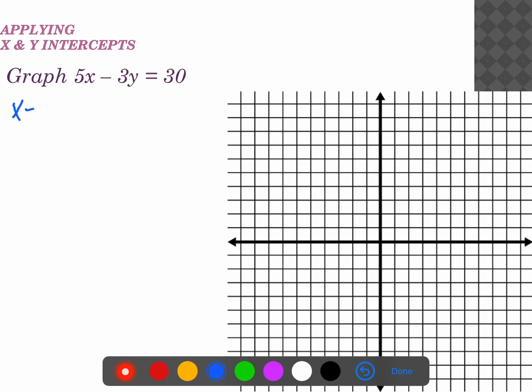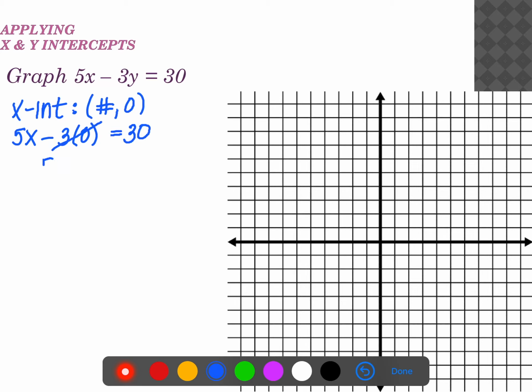All right, so let's do a graph like this. Okay, so here's my equation. So in order to find the x-intercept, all right, we know the x-intercept is going to be a number, comma, 0. Okay, because it's on the x-axis, the y values there always equal 0. We're going to use that fact to our advantage. So that means we can replace y in our equation with 0 because that's what it's going to be when we're on the x-axis.